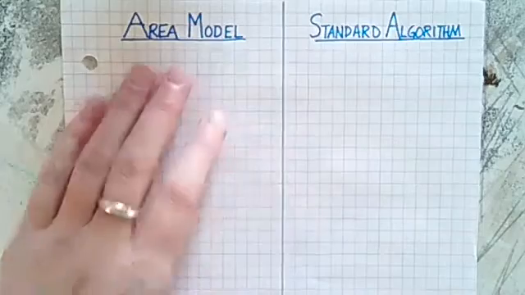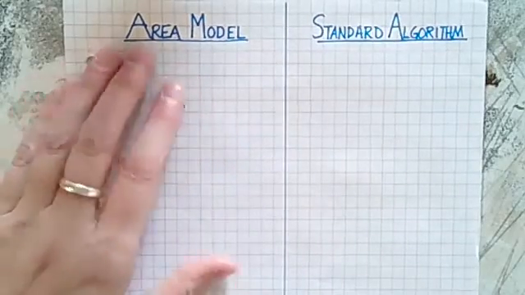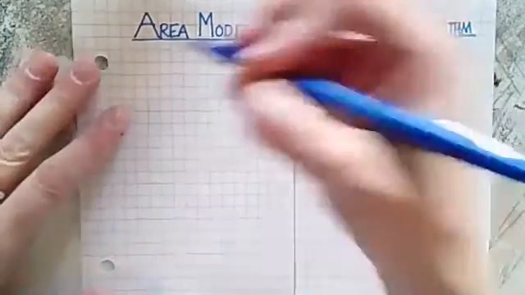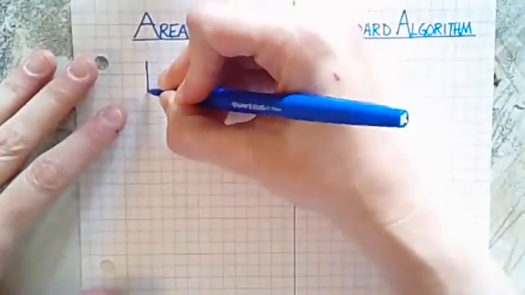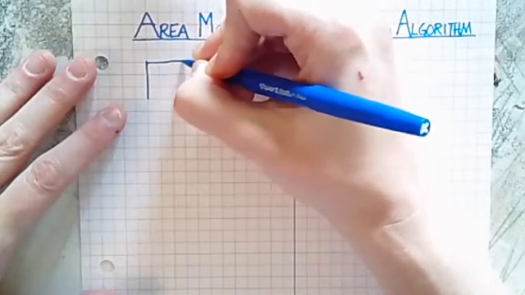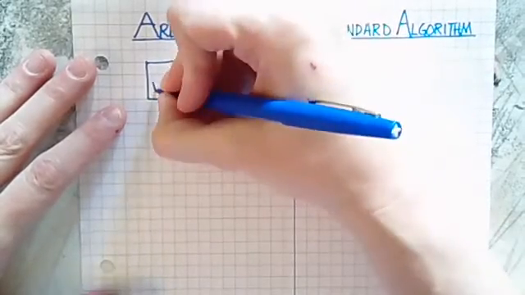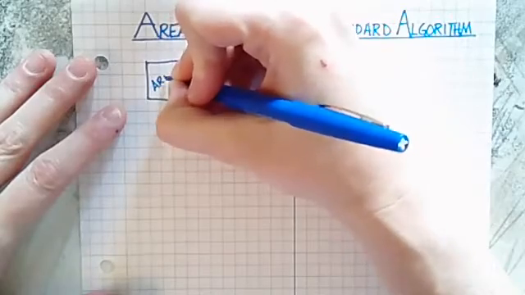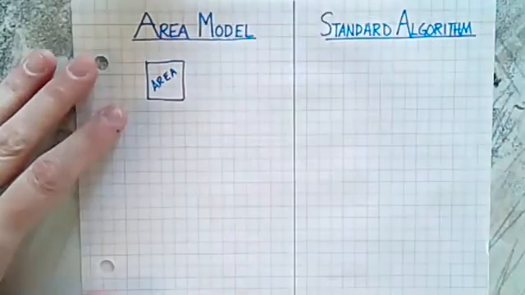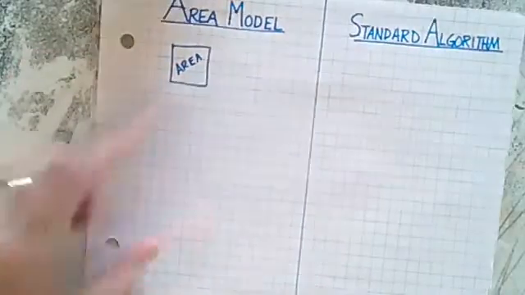So it's really important when we start with area model to remember the word area. And if we remember when we were working with area and we were working with perimeter, which we will continue to do, area was about what is inside our box.